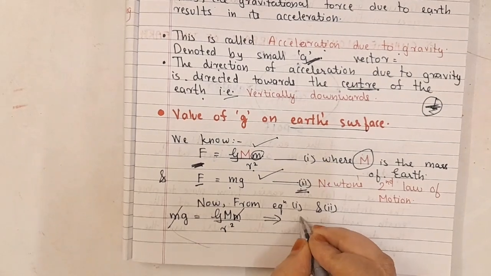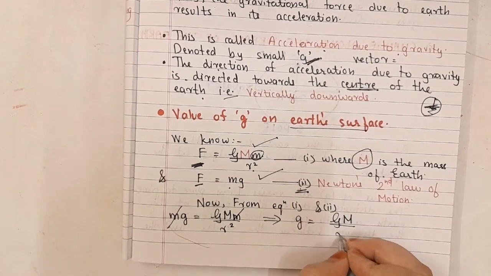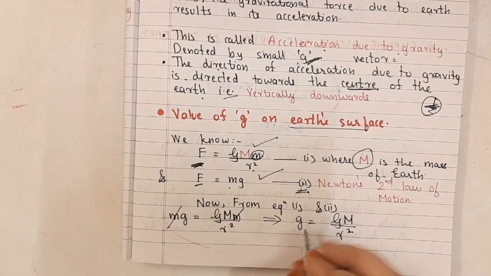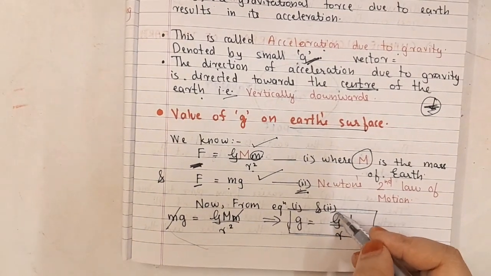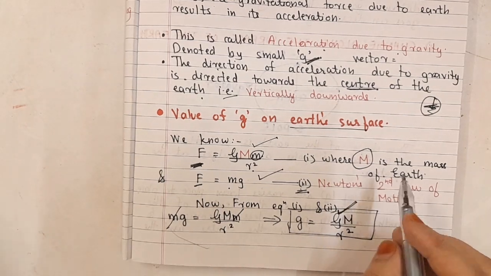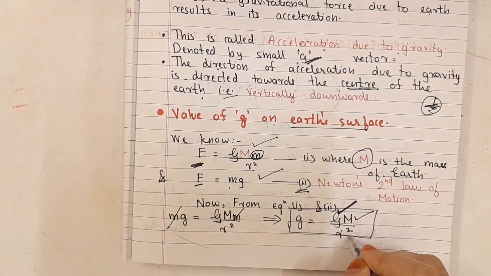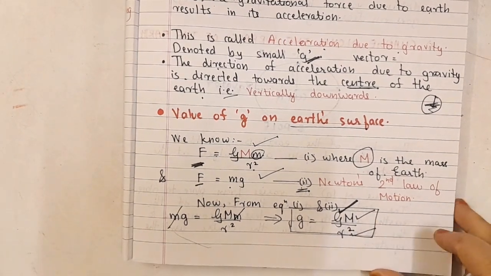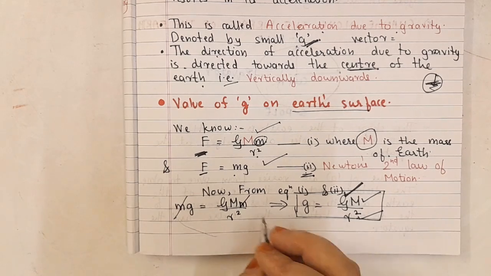So we will get g, small g, is equal to GM upon r square. So students, this is the value of g which depends on this constant G, the mass of the Earth, and the square of the distance. Okay, so the value of g on the surface of the Earth.